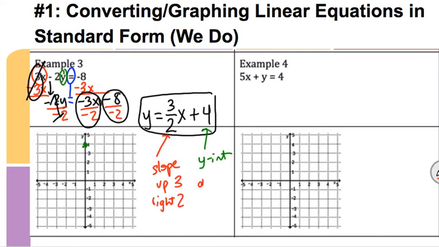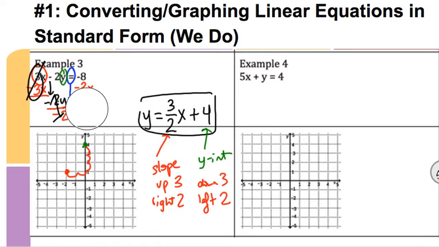The opposite would be down 3, left 2, which still works. 1, 2, 3, 1, 2. Down 3, left 2. Because if I went up 3 to the right 2, let's say, 1, 2, 3, 1, 2, notice how all of these points would line up into the same line.